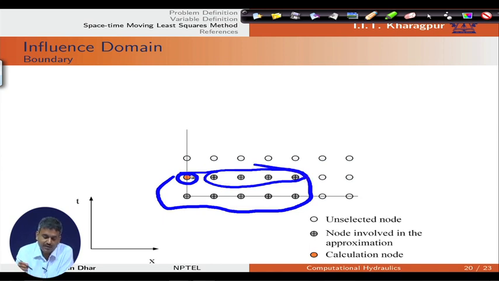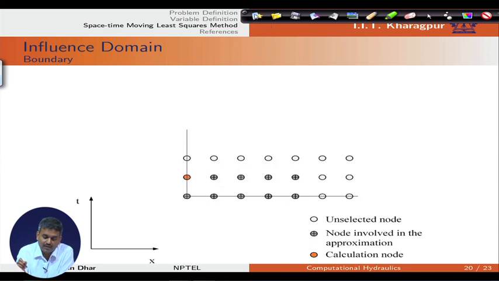So, you can see that the influence domain is important in the case of space time moving least squares. We need to define the nodes that we need to consider during our calculation process. Depending on that there will be change in the size of the matrix.